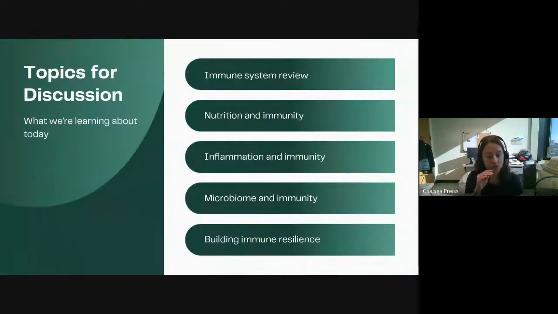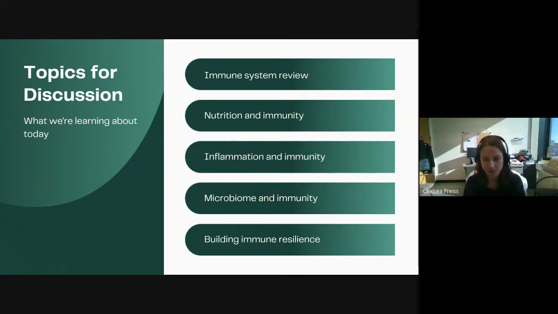All right, so today I'm going to be talking about nutrition for immune resilience. The first thing that we will cover is I'm just going to do a little immunology 101 with you guys, just as a refresher. I'm going to go over the immune system just to lay the foundation of what I'll be covering.